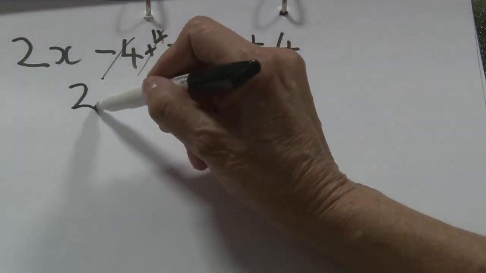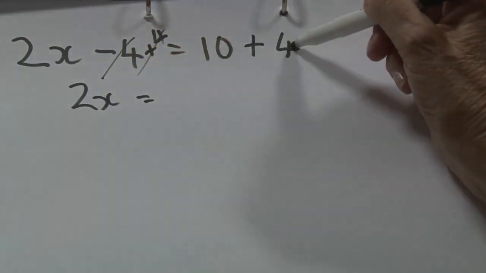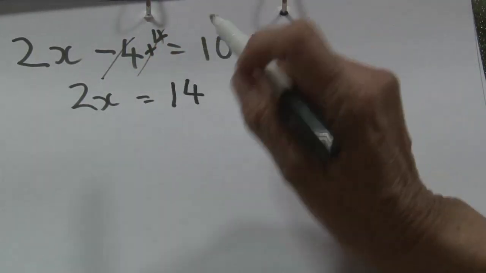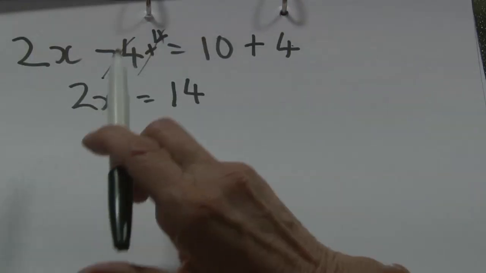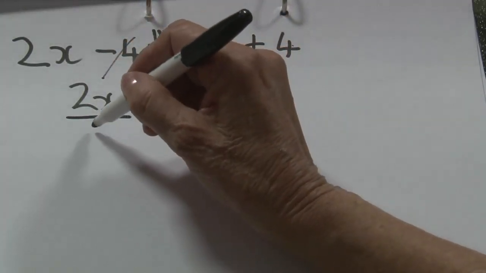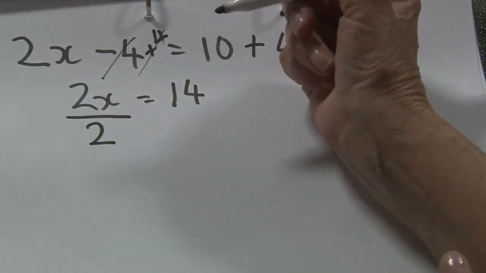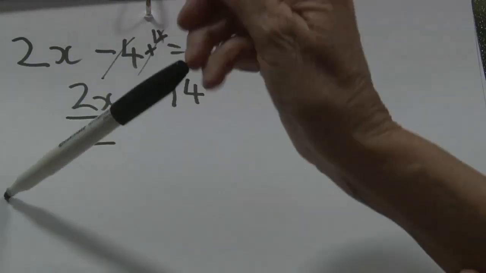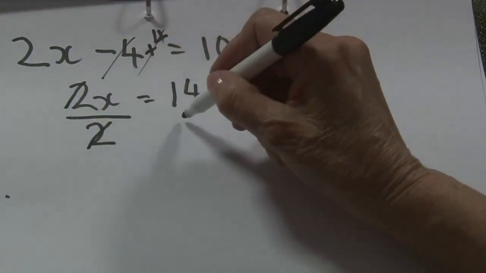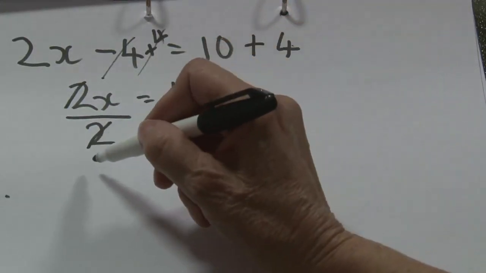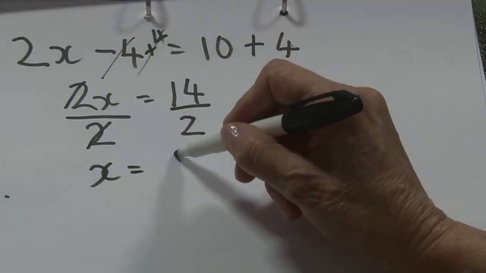So 2x is equal to 10 plus 4, 14. It's multiplication again. Opposite calculation is division. Divide by 2. Not because I like 2, but because there is a 2, so that I can cancel. What I do on this side, I do on this side. So x is equal to 7.